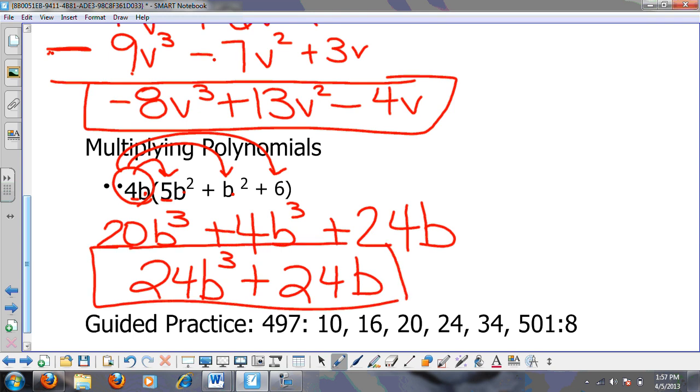Next time we'll talk about factoring out and finding factors. But for today, finish up with guided practice 10, 16, 20, 24, 34, and number 8 on 501. When you finish that, you can get your assignment from exponential growth and decay.